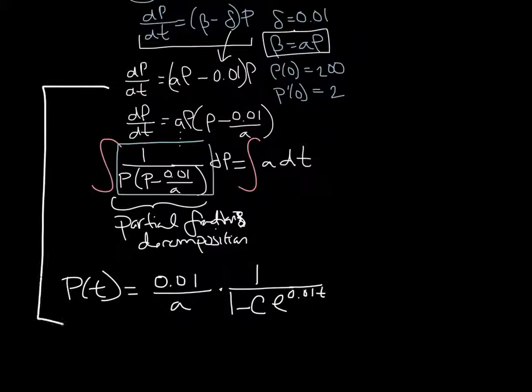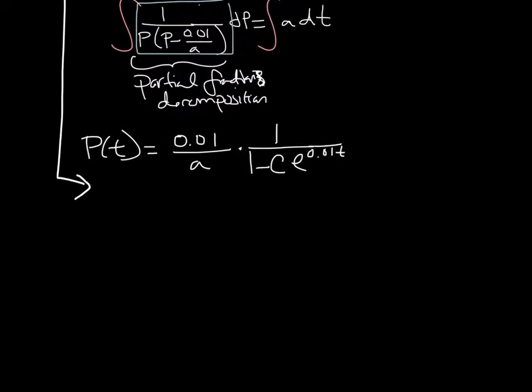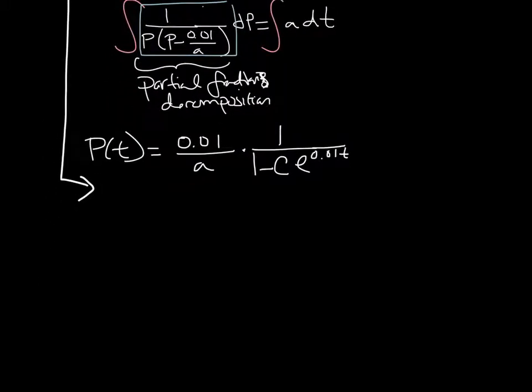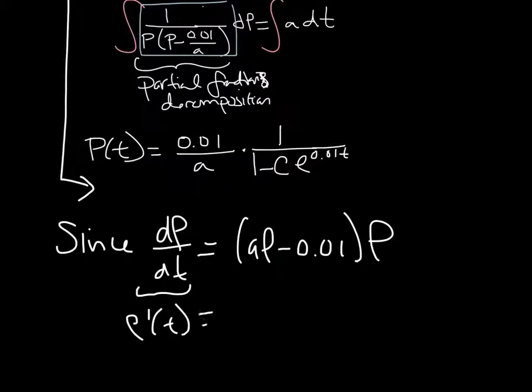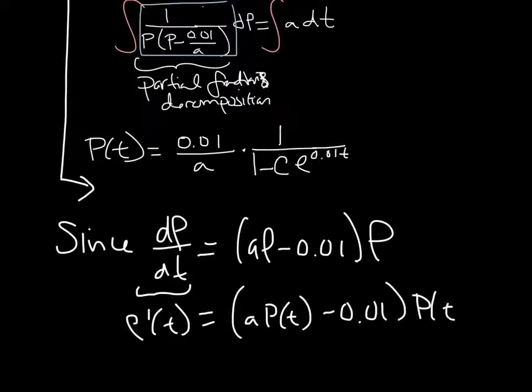And so using that guy, let's just, again, plug in some values that we know. Since dP/dt is equal to A P minus 0.01 P, well, again, this is just P prime of t. And I'm going to go ahead and write my P's as functions of t, as that's what we're really finding.